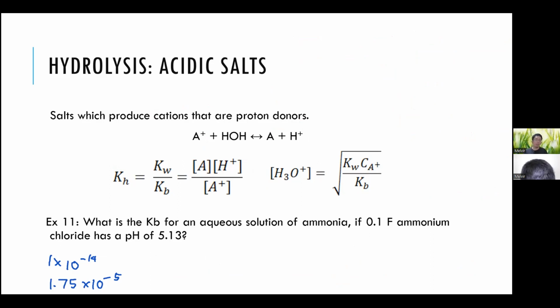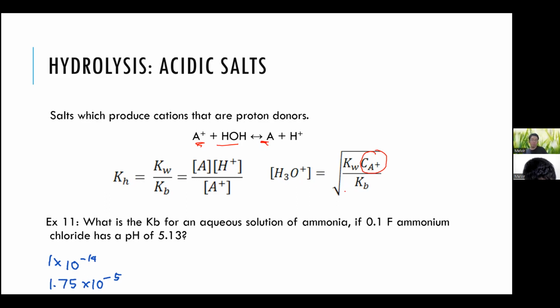So, it's the same here, right? This time, your cation will react with water, forming your base and then hydronium ion. So, the formula this time is H3O plus equals the square root of Kw times the concentration of your conjugate acid, the salt, once it dissolves, all over Kb.